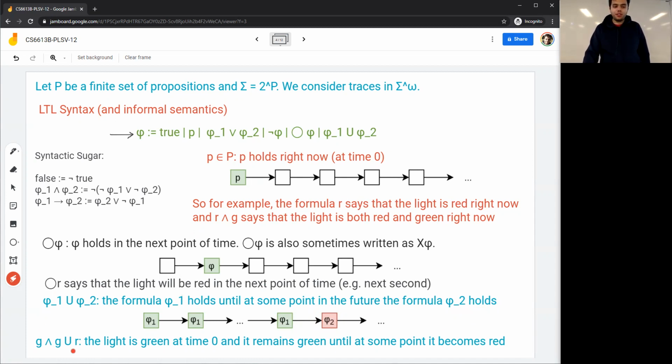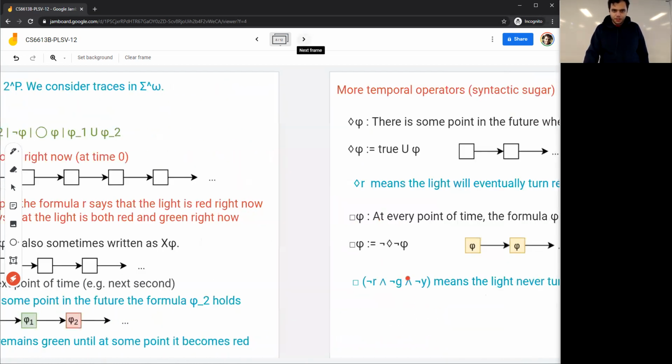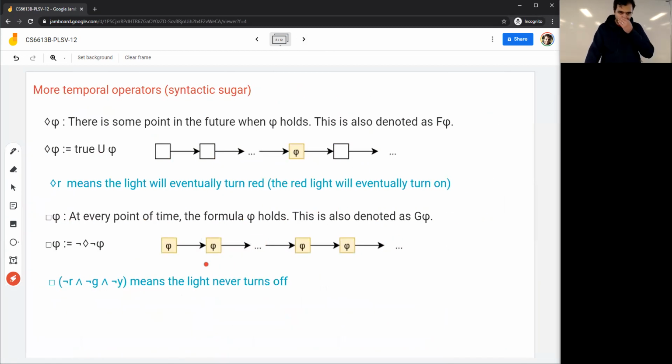Right? Or phi1 itself can have until in it. So when I say phi1 holds here, what I really mean is that phi1 holds for the suffix that starts from this point. Okay? So we're going to see that very soon. Let's see the formal definitions very soon.